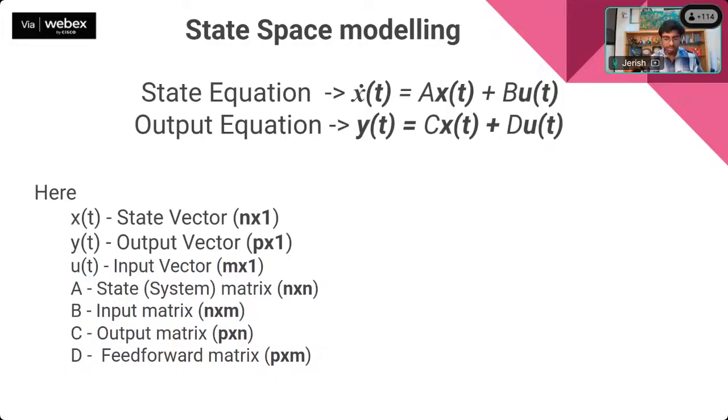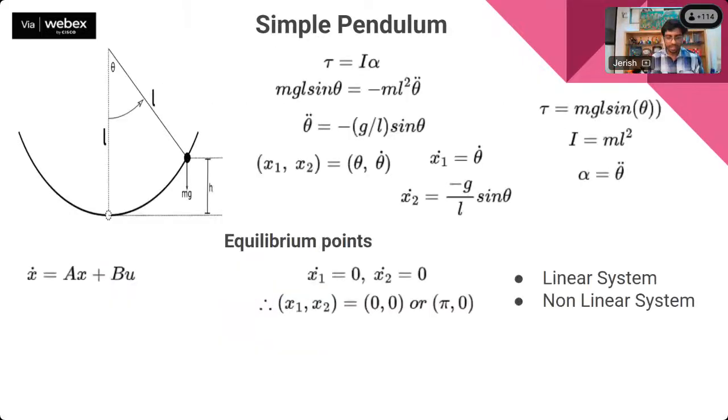So I would like to show you a simple example of how the state equation can be obtained from your normal dynamics equation. Okay, so let's consider a simple pendulum.